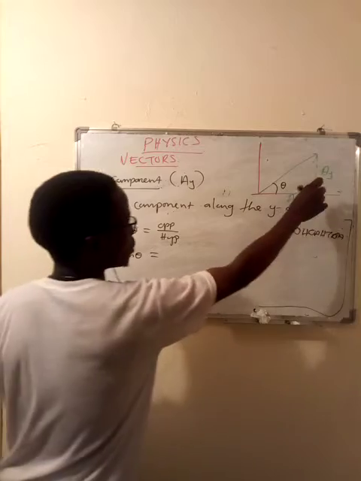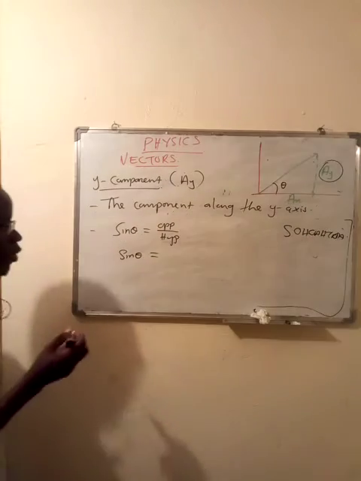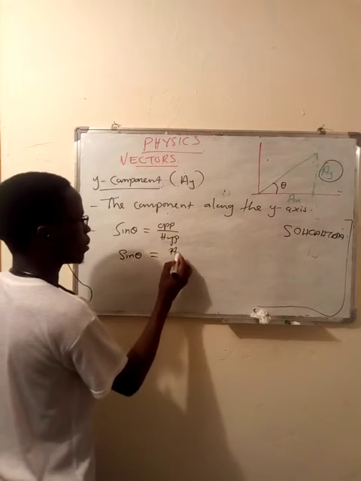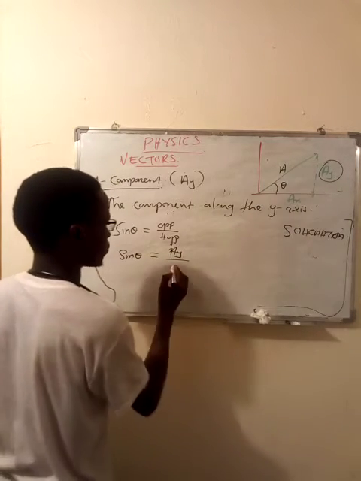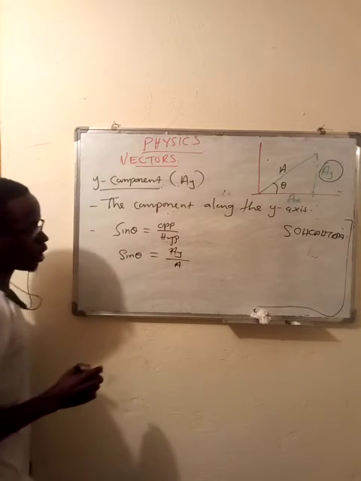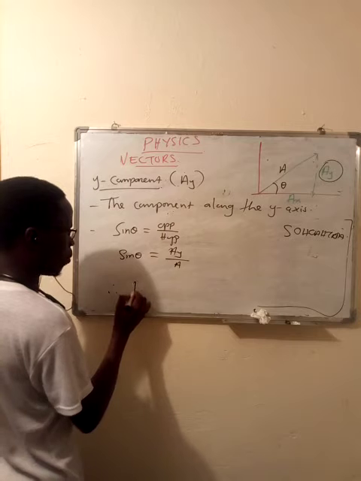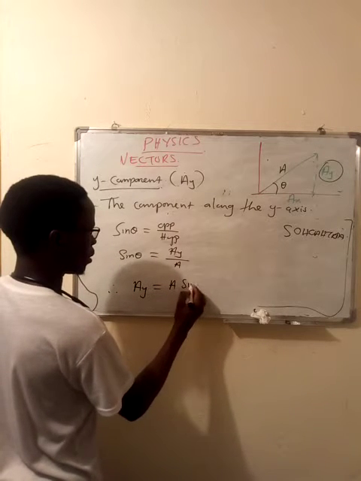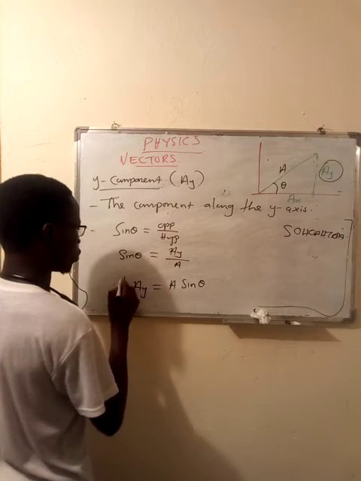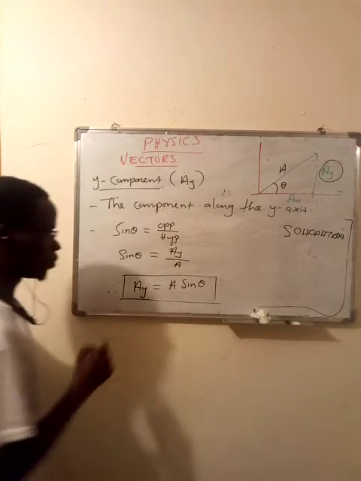Our opposite is AY, which is our y component. So this is AY divided by the hypotenuse, which is A. So we make AY the subject of the formula. We're going to have AY is equal to A sine theta. So for you to be able to find the y component, you can use that.